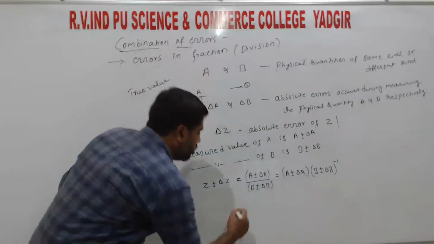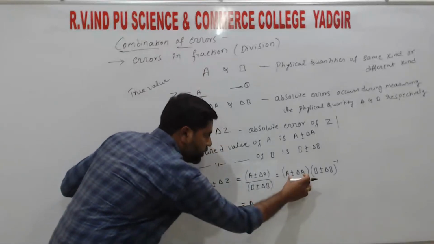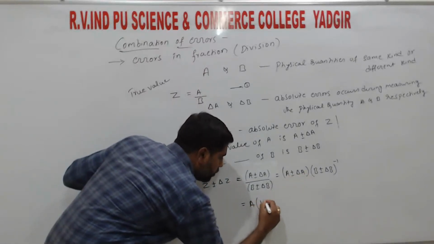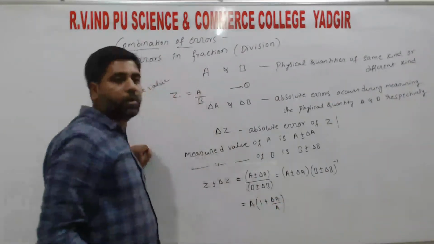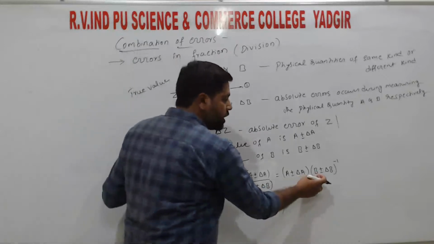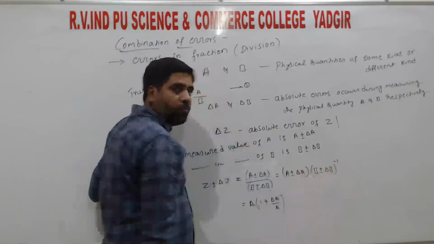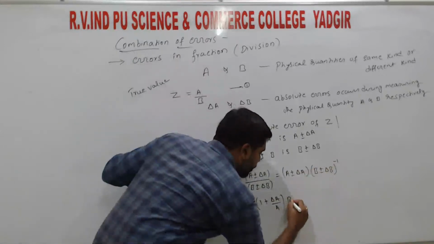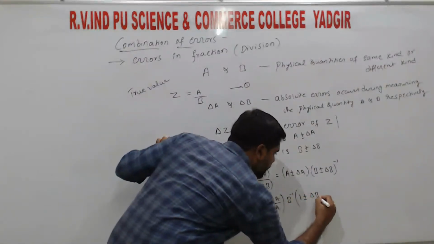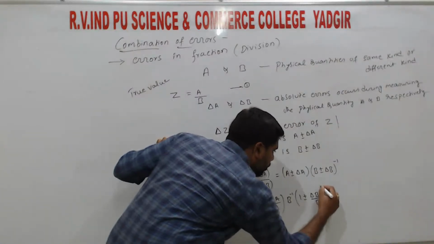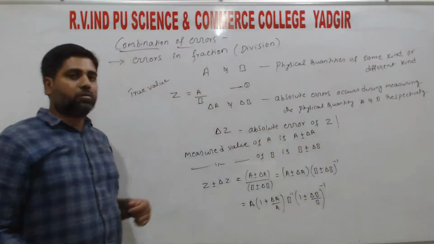So taking A and B common, from the first term A taken common, 1 plus delta A by A, right? From the second term B, its power is minus 1, that is B power minus 1, 1 plus or minus delta B divided by B whole power minus 1, right?